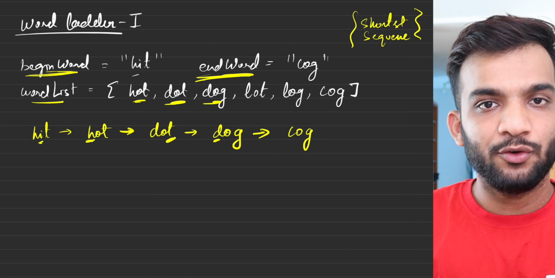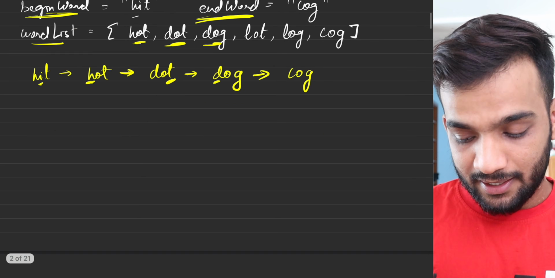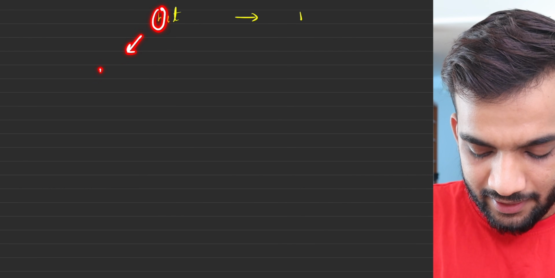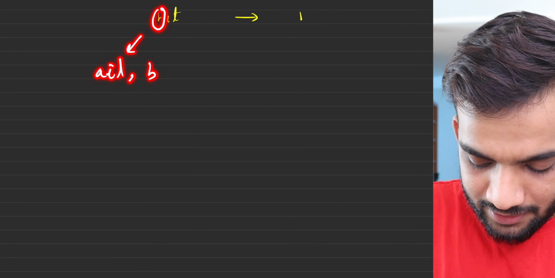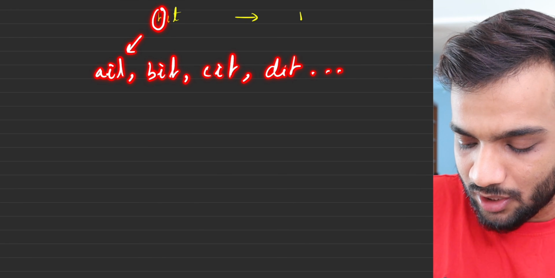Now, which algorithm to apply if you are willing to find the shortest sequence? Let's analyze that. So if I keep hit as level 1, right at the top, according to brute force, I'll try to do H to AIT, BIT, CIT, DIT, and so on till ZIT.